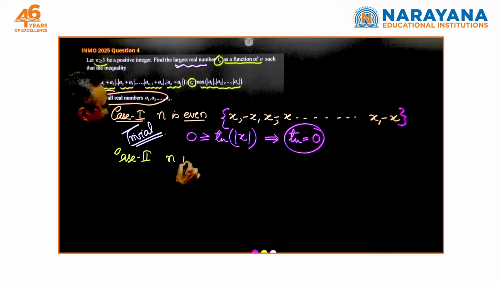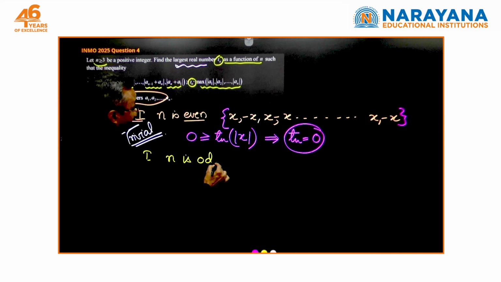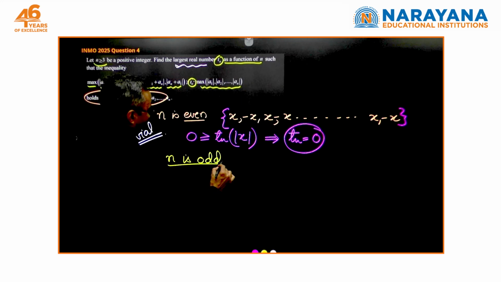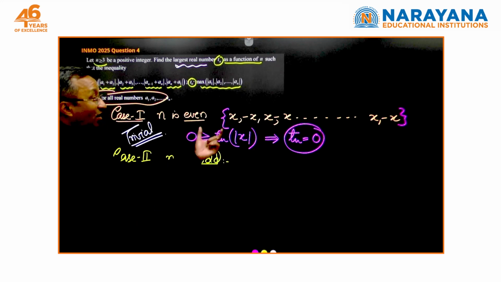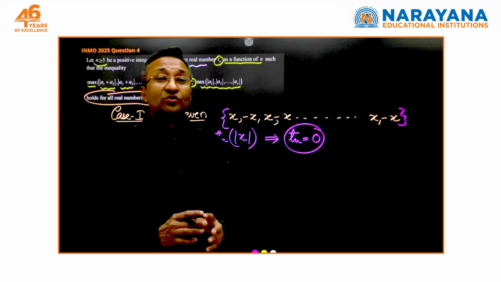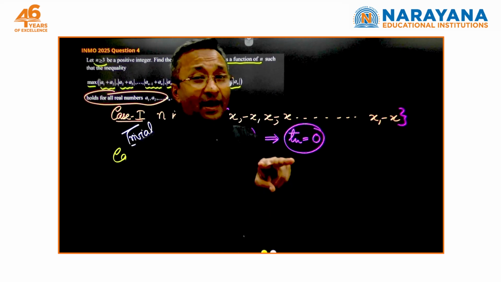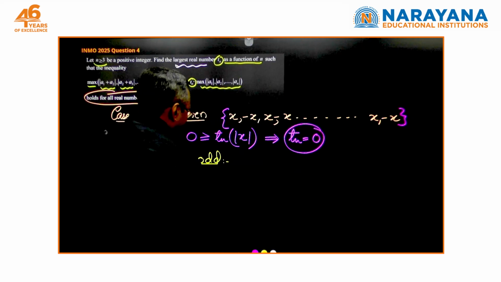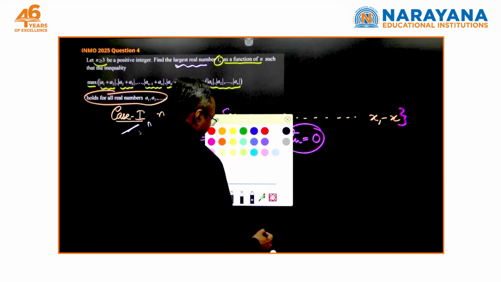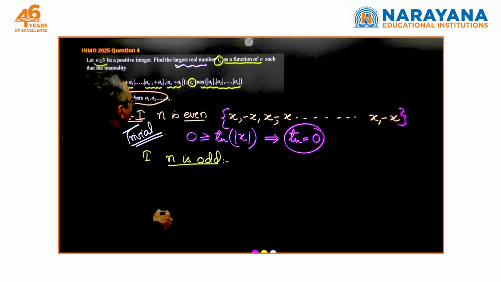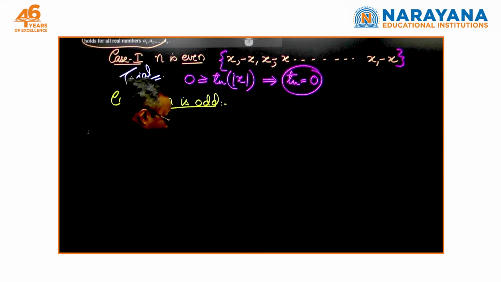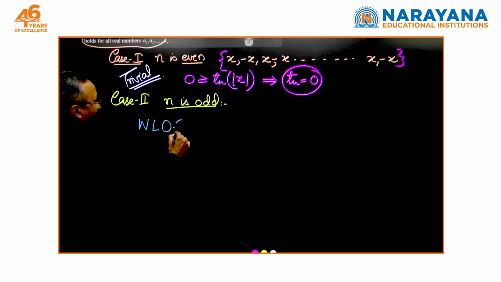when n is odd. Now in this case, we cannot do the same thing because we don't know the number of pairs, and of course one value will remain at the end. So this time we change the gear of problem solving and start bashing it with something different, without loss of generality.